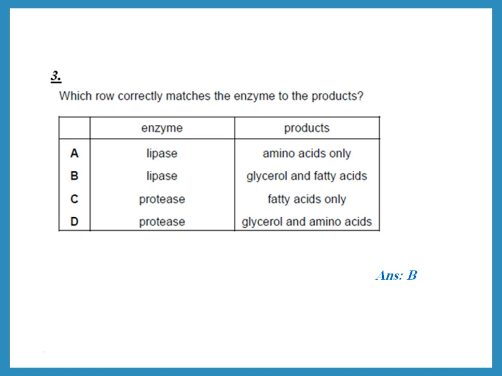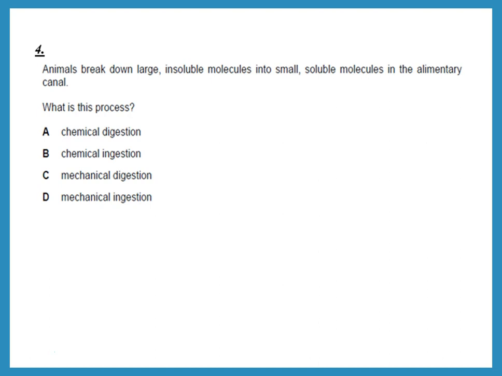Lipase does not break down proteins. The enzymes that break down proteins are called protease, and the end product of protease breaking down proteins is only amino acids. So remember that when a protease acts on proteins, it gives in the end amino acids, not glycerol. Lipase acts on fats and gives glycerol and fatty acids.